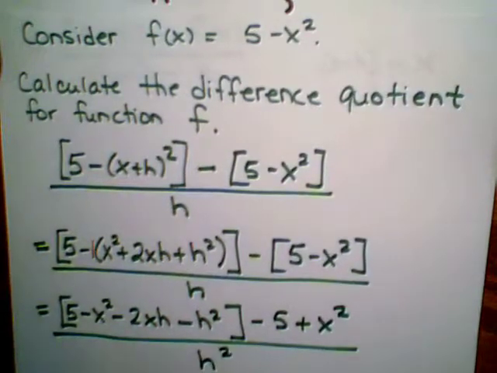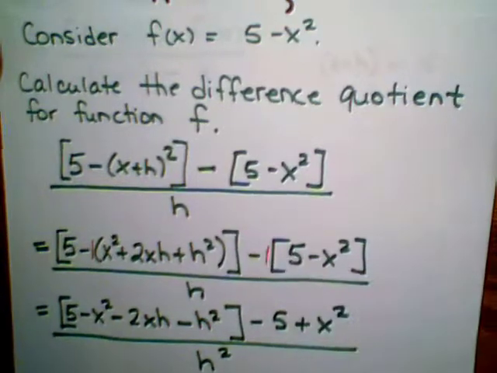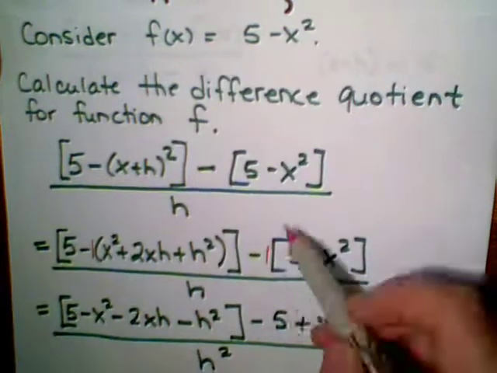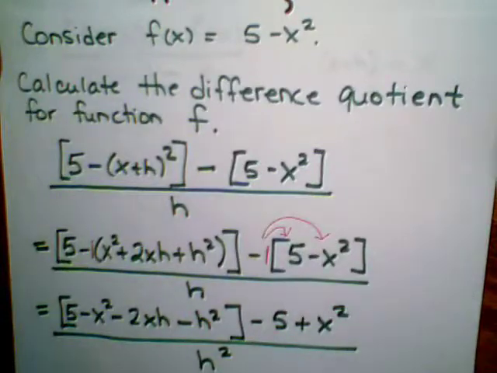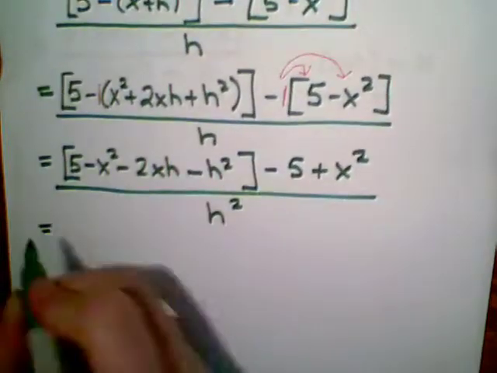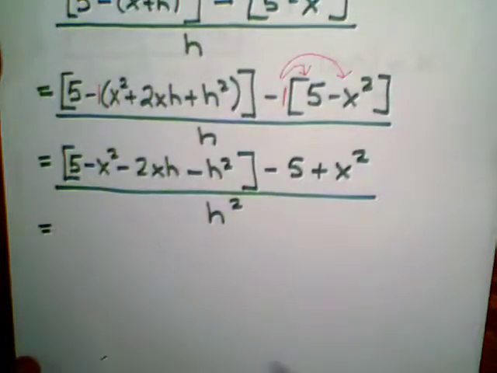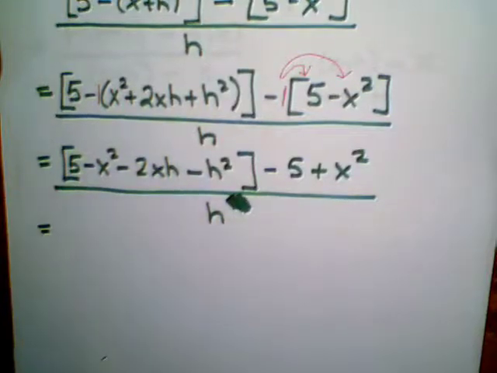But if you need to pause and think about it, in front of that first set of square brackets, you can also think of that as an understood coefficient of -1, and we would distribute that coefficient using the distributive property. Okay. And now to simplify even further. And I see a mistake that you all may have caught. I need to cross that out. There's no h squared on the bottom. Nothing magic should happen.